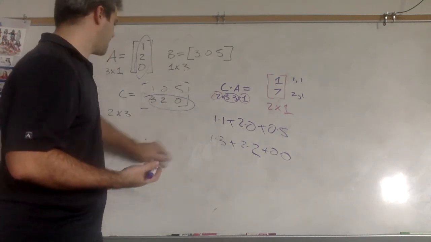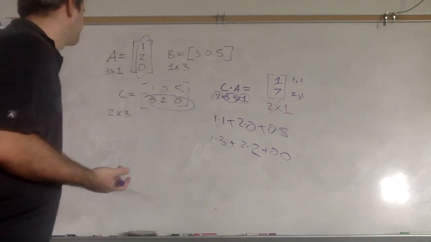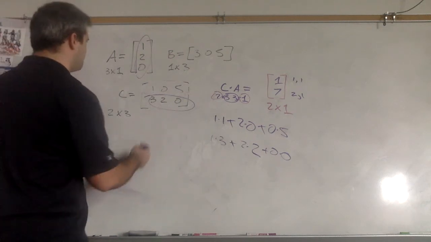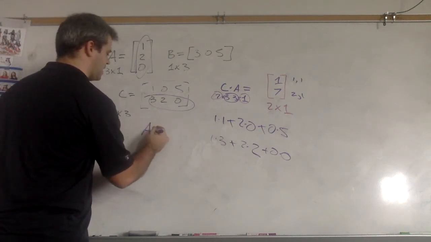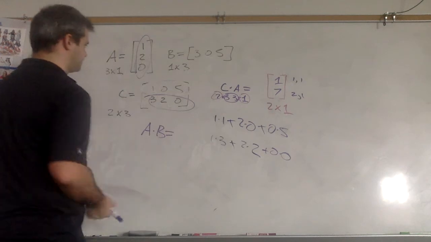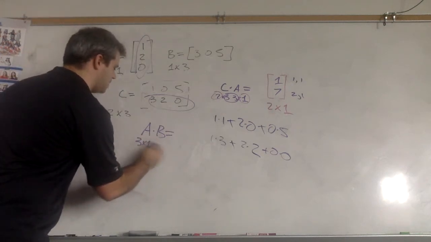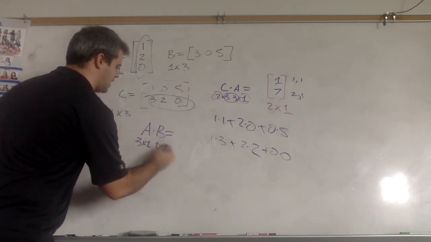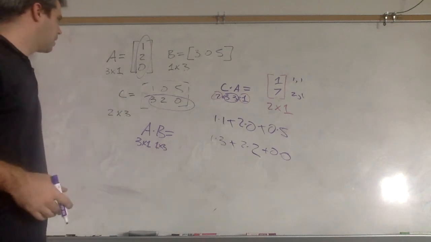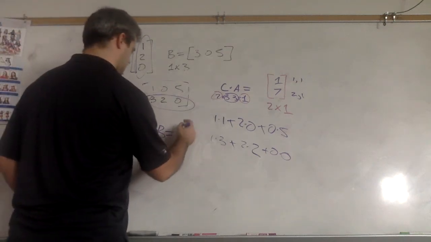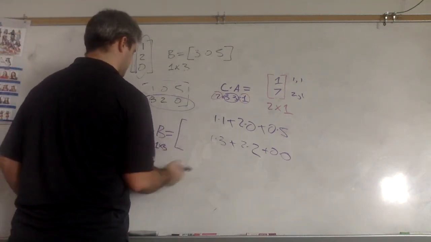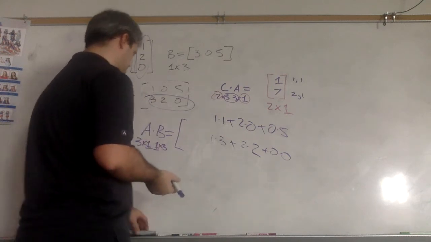Well, let's see if there's something else we can do. Let's try A times B. That's a 3 by 1 and a 1 by 3. Well, let's see. Those are the same there.